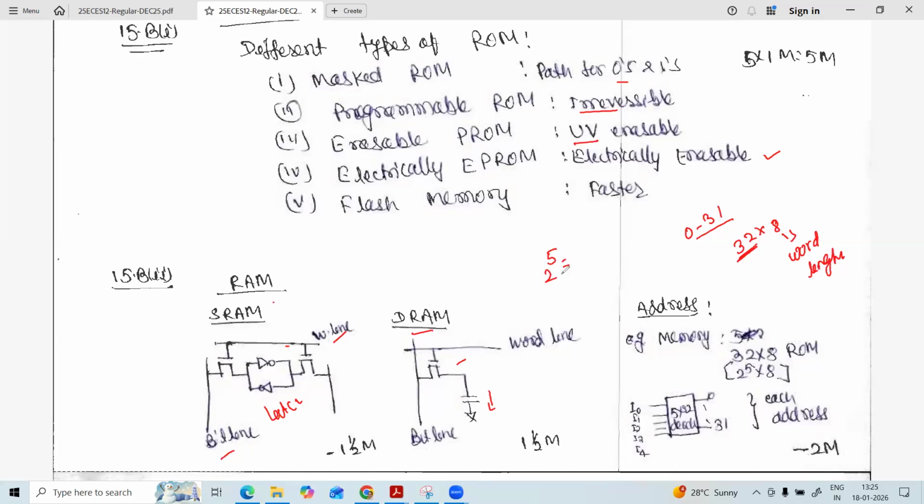So here we are going to use a decoder of size 5 cross 32. When 5 inputs are given, it will generate 32 unique combinations. On the basis of that, each unique combination represents a particular word location. So like this, from the given address, we are able to find the particular word in the memory. So these are the explanations.